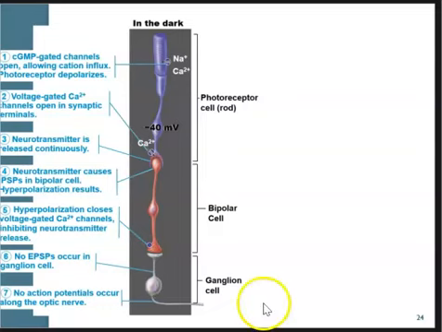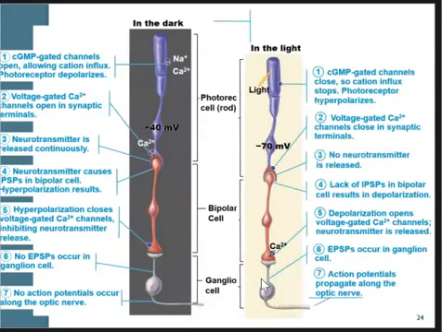Whereas if we look at it in the light, light strikes rhodopsin, and retinal changes from the cis to the bent form. That activates a G protein, which activates a phosphodiesterase enzyme that breaks down the cyclic GMP. In the absence of cyclic GMP, the gate will close. So this cell is no longer depolarized, it actually becomes hyperpolarized.